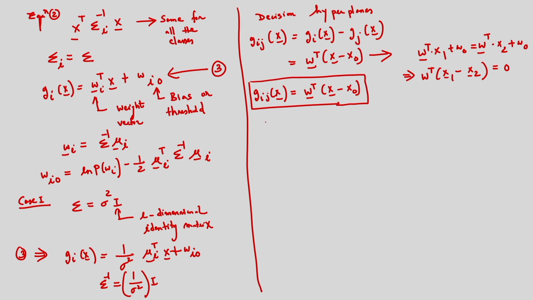And in this case, what is the weight vector? The weight vector is nothing but mu I minus mu j. That is the weight vector, mu I minus mu j.